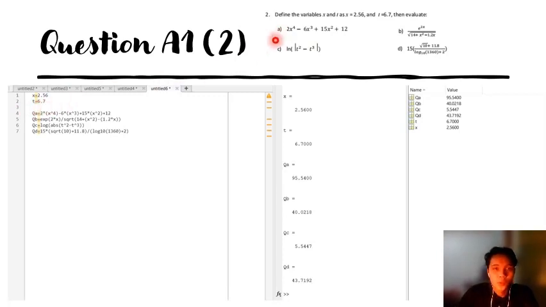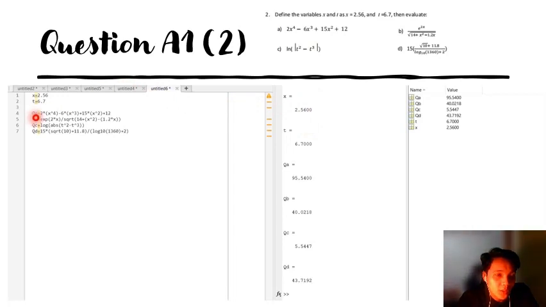So for the A equation, 2x to the power of 4 minus 6x to the power of 3 plus 15x squared plus 12, we just write it as usual, and then they will assign the value of x and compute it together and get a value.